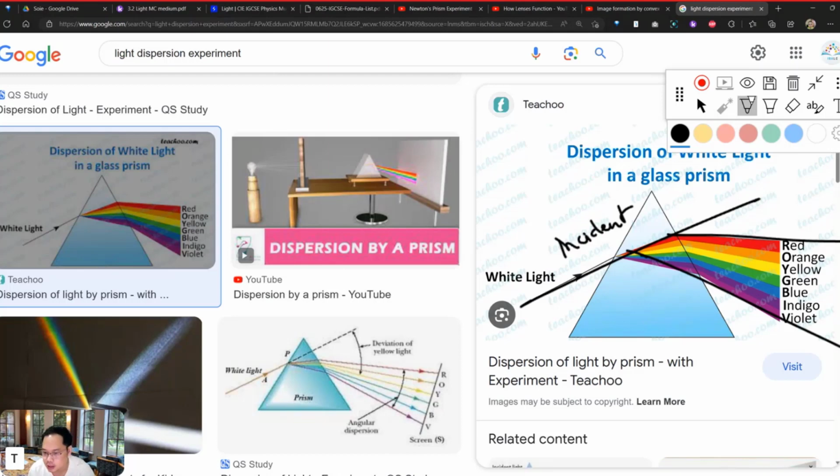Red is less refracted, and the violet is refracted more. The violet travels with lower speed, more slowly in that glass medium, and the red color travels at higher speed.